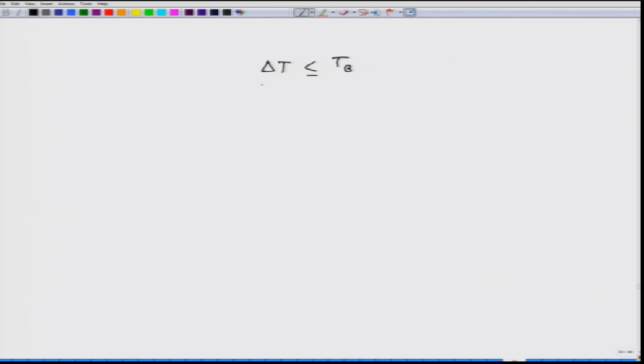Okay. So, if I impose this condition, and since I know that TB is basically 1 by RB, you can rewrite these conditions in terms of RB L being less than or equal to C N2 divided by N1 square delta, where delta is usually given by N1 minus N2 by N1.